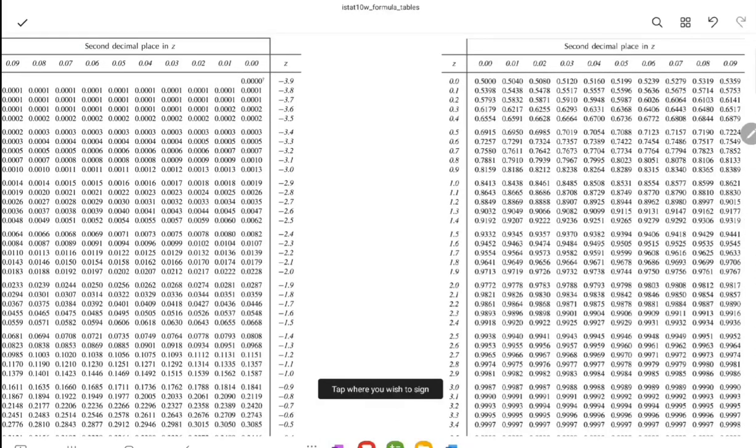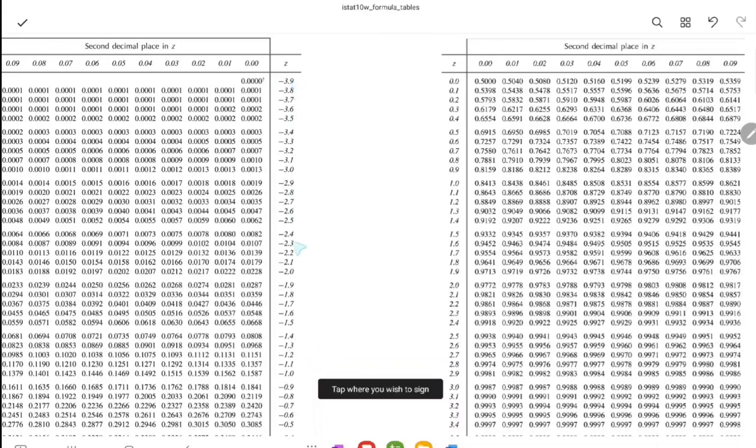It'll be easier because this table gives us area to the left. So it's better to find the area to the left and multiply it by 2, because that's a symmetrical curve. Therefore, the area on the left-hand side will equal the area on the right-hand side.